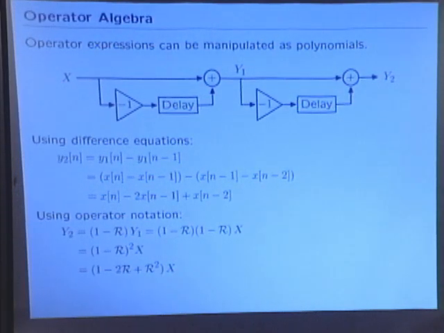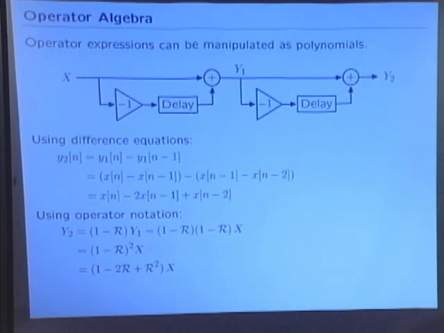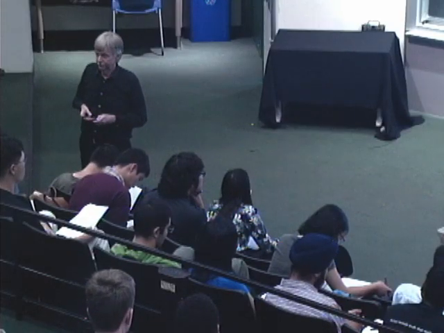And then I can think about term-wise translating all those into R expressions. And I see that I have proved that this particular system, at least, behaves as though the operator expressions follow the rules of polynomials.